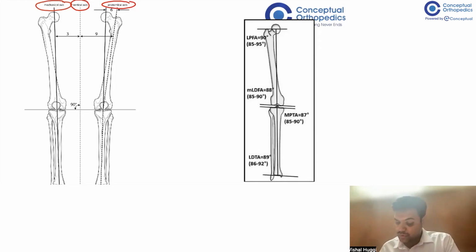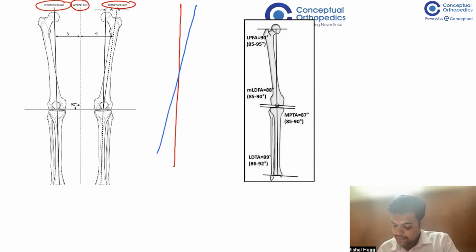What are the things we should know? One is the vertical axis, then we have the mechanical axis, then the anatomical axis. The anatomical axis forms 9 degrees valgus to the vertical axis, whereas the mechanical axis forms about 3 degrees.